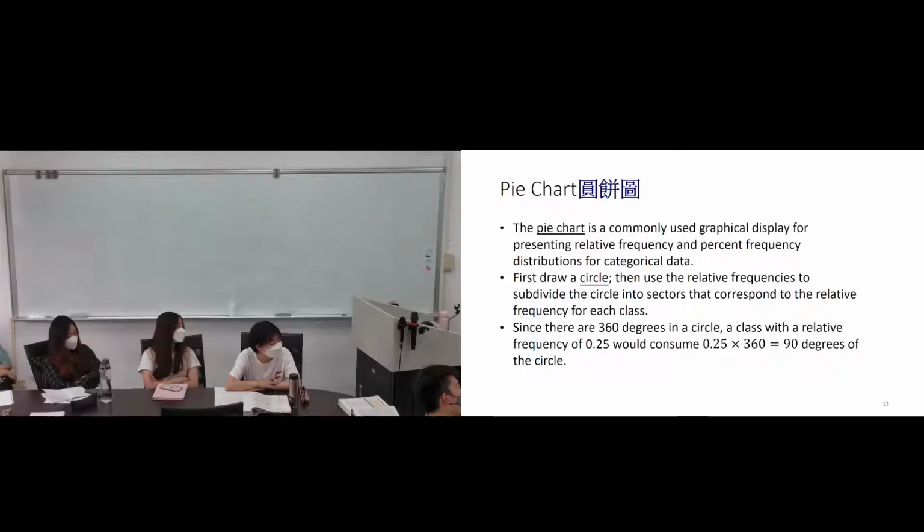Because in the circle there are 360 degrees, for a class with a relative frequency of, say, 0.25, or 25%, we should draw 0.25 multiplied by 360, which is 90 degrees of the circle, to specify the relative frequency of 25%.